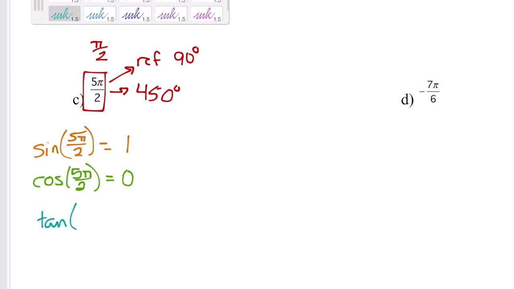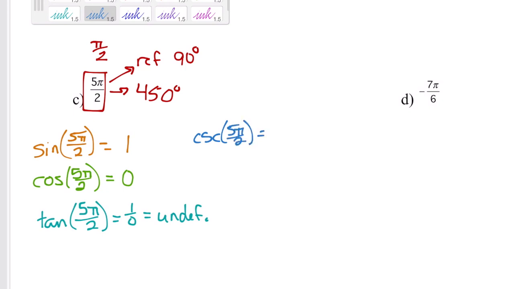Tangent, remember, is sine over cosine. So because my cosine is 0, I would have 1 over 0, which would mean that we're undefined. And then I'm doing all of the reciprocals here, so my cosecant of 5 pi over 2 would just be 1.